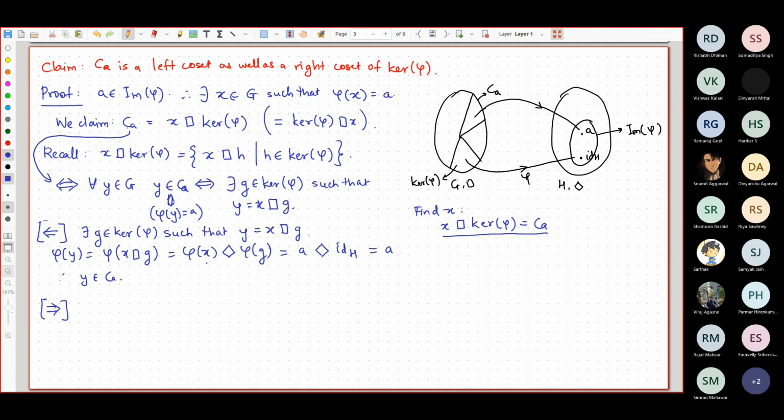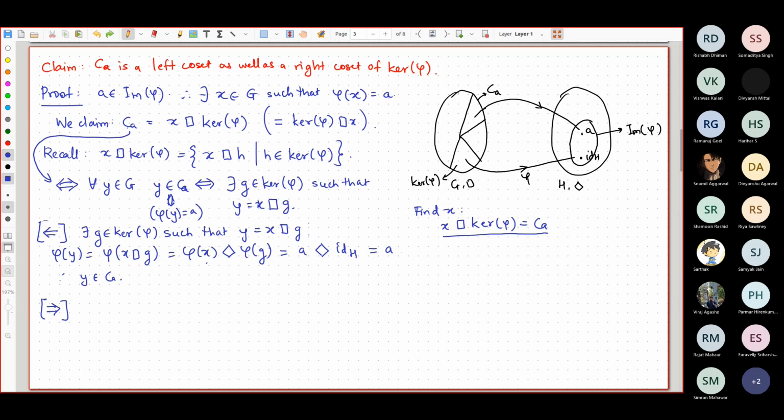So, we need to finally get hold of this g, which is in kernel of phi, such that y is x square g. Right, so what should our hope be?